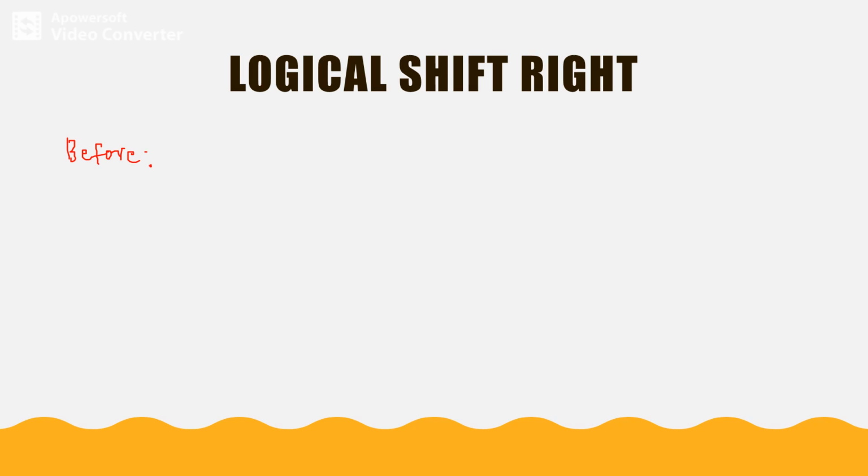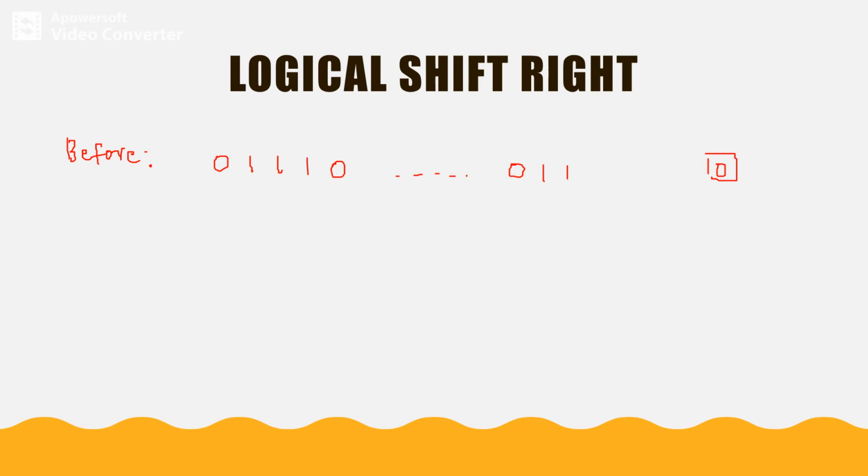The value of the processor register is 0, 1, 1, 1, 0 followed by 0, 1, 1, and the carry value is 0. So now I have to shift this processor register value by considering the counter as 2.